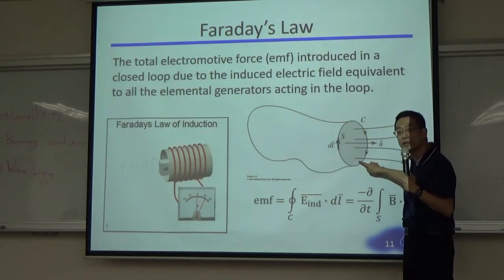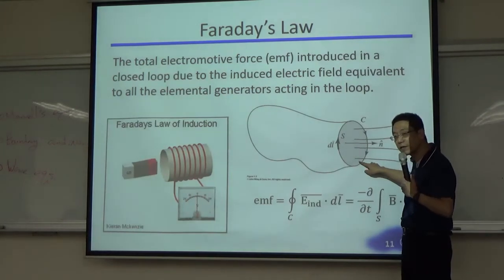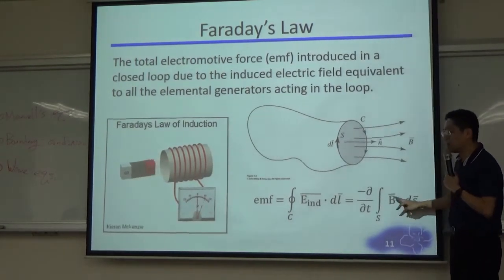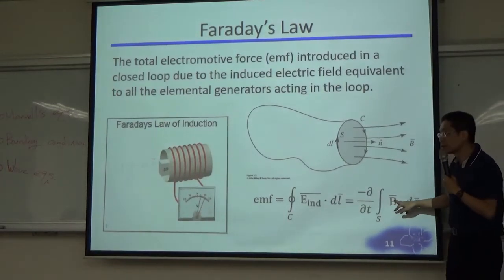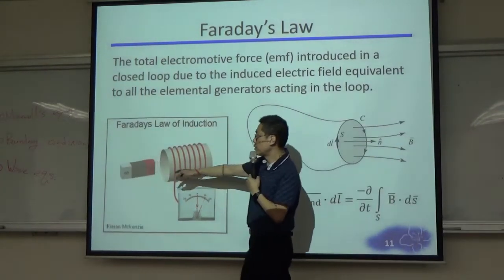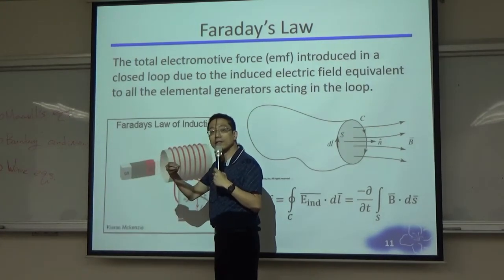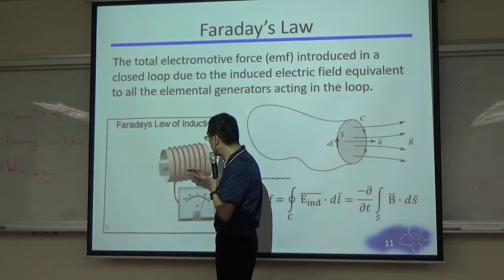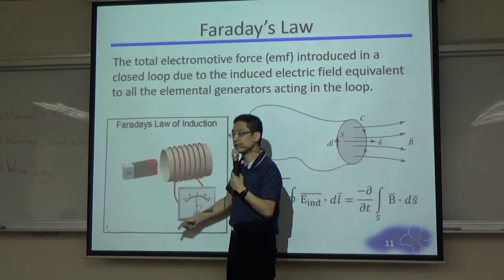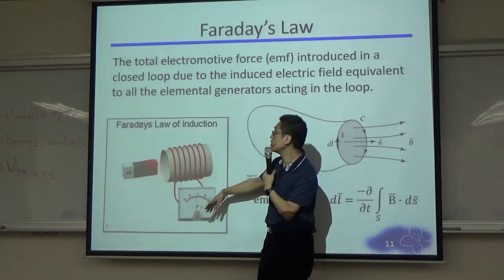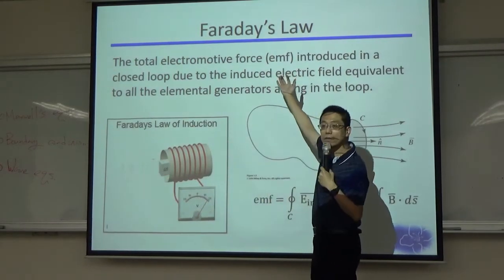You will obtain the answer will become the change of the H field. If there is a magnet, you change the magnet, it will become your E field here, so you will obtain the voltage. This is Faraday's law.